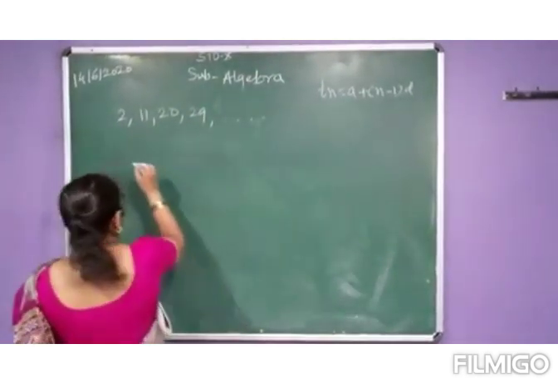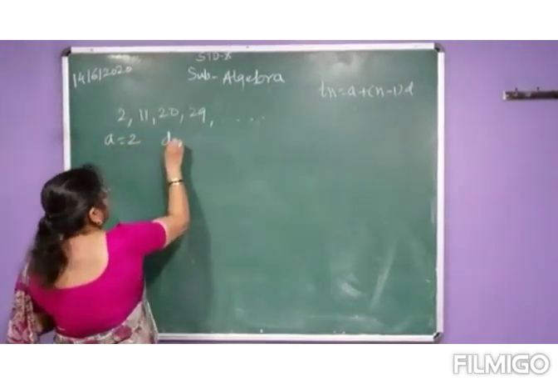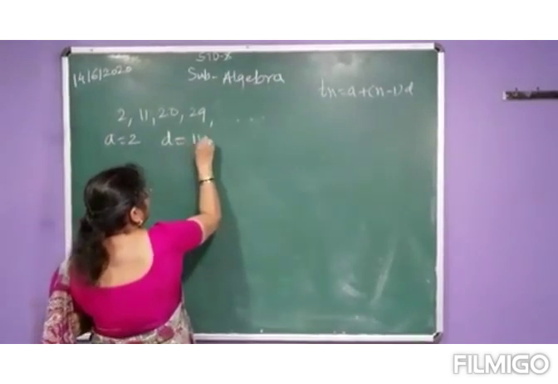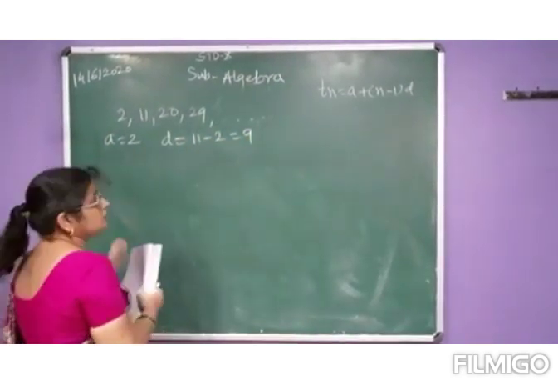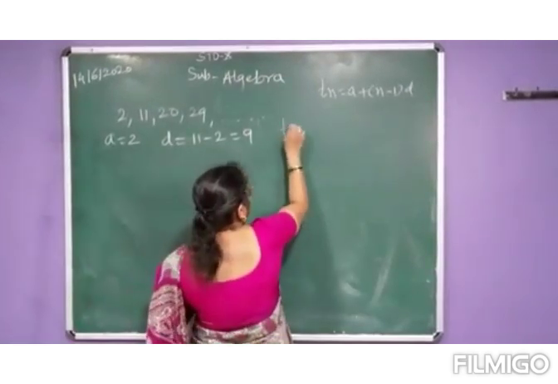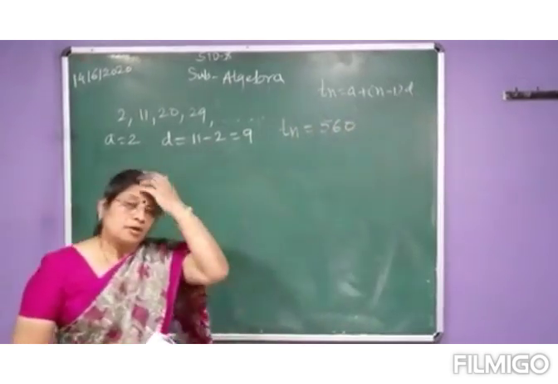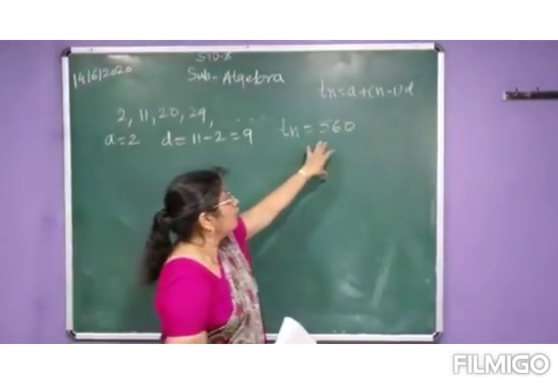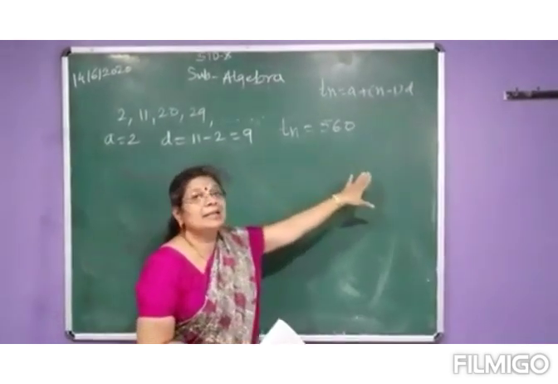Now here A is 2. Now D is T2 minus T1. So 11 minus 2, 9. Correct? Then the nth term of the AP is given. Tn is 560, it is given. Now what you have to find out is at what number the 560 lies.